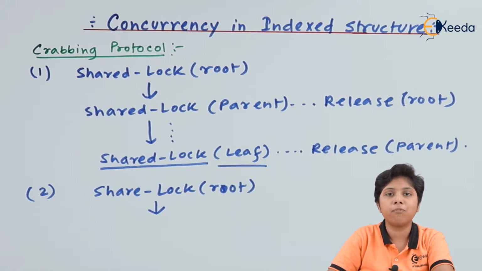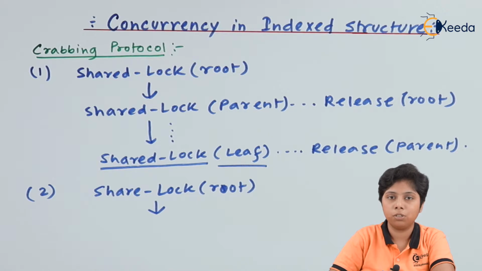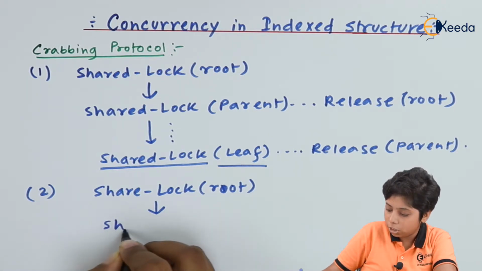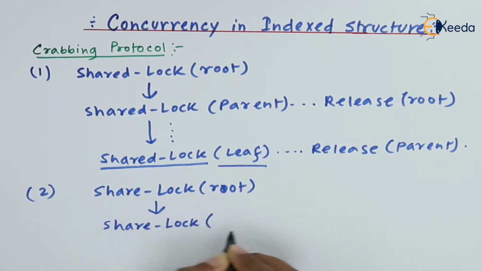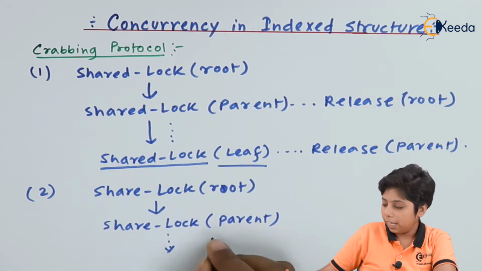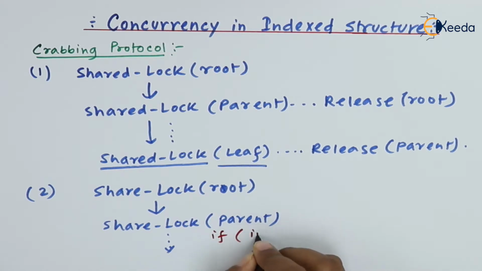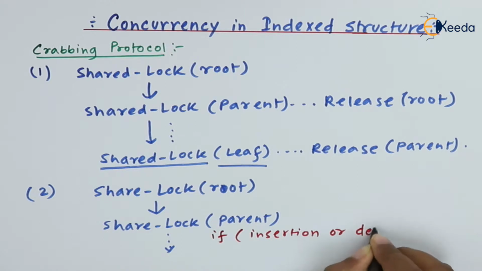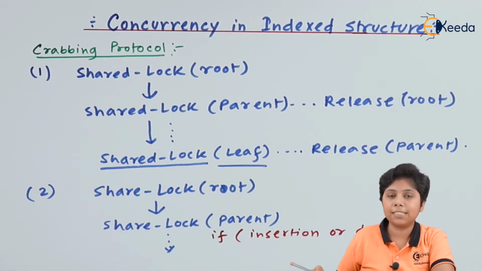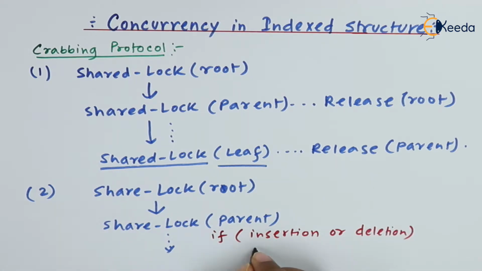Then we first acquire a shared lock, and if it is found to be the search key or the insertion position, for insertion or deletion, then we need to provide an exclusive lock on that node.